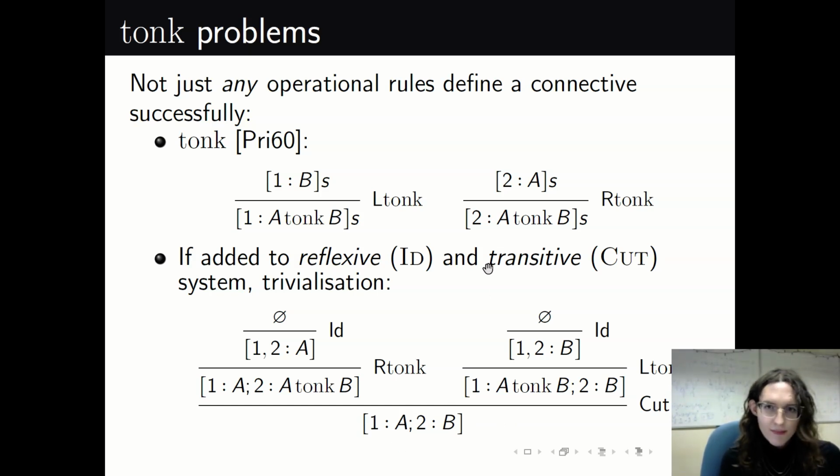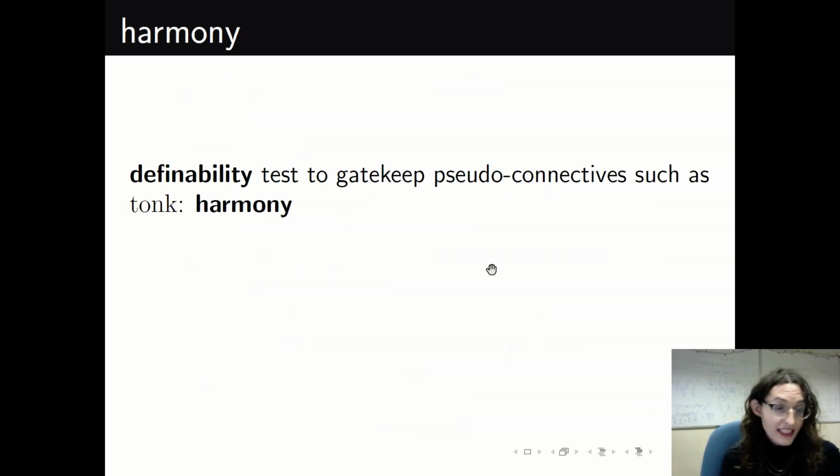So typically, in order to gatekeep such pseudo-connectives such as tonk, we impose a definability test that any candidate connective has to pass. So kind of extra hoops for the connective to jump through, which is known under the concept of harmony.